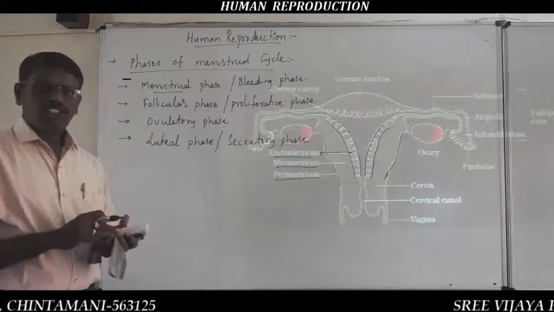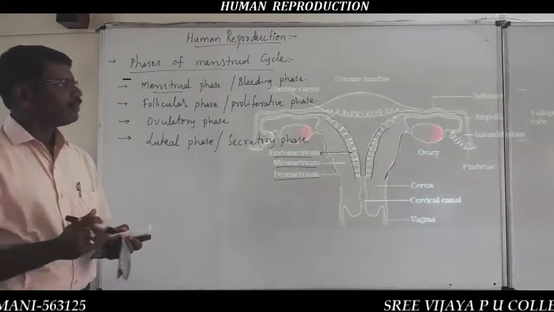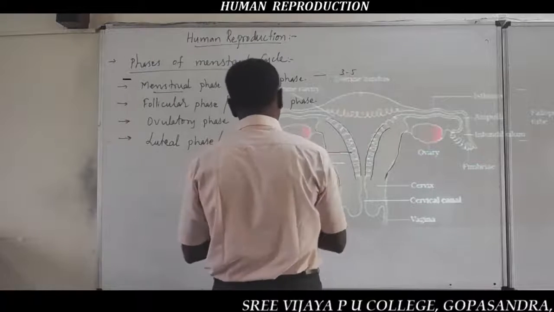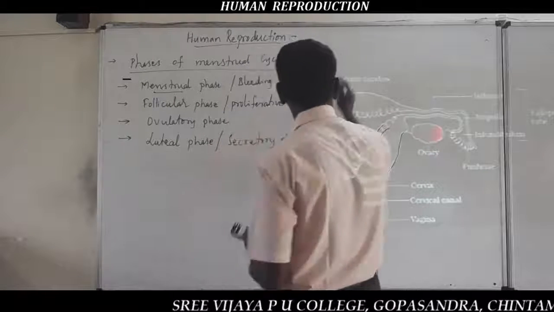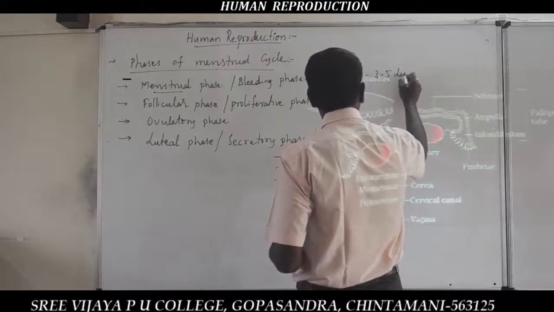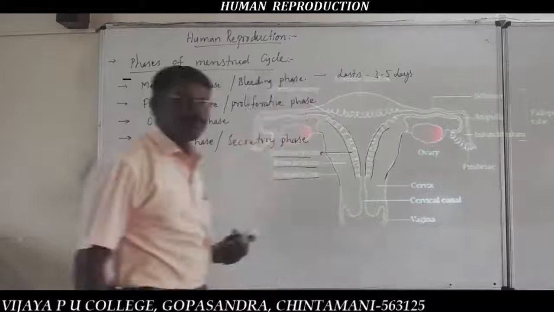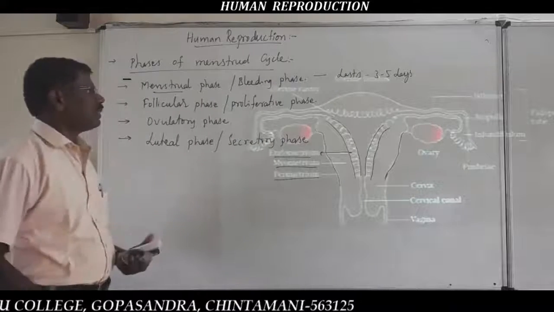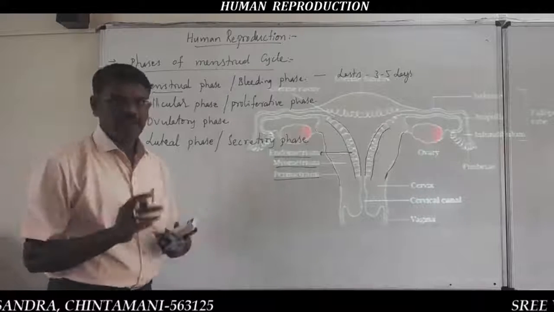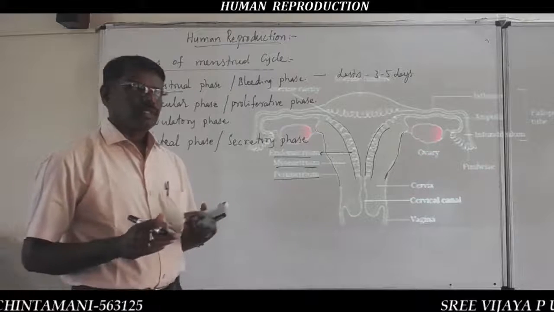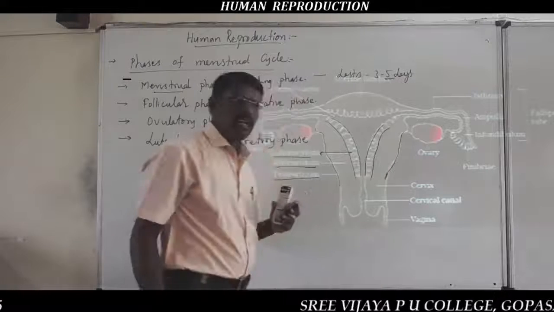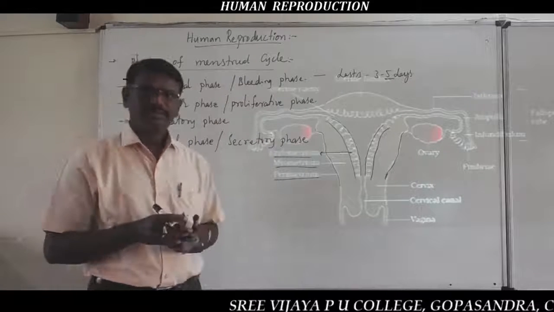The menstrual phase lasts 3 to 5 days. Normally it ends within 1 to 3 days, but in exceptional conditions it may extend up to 5 days.